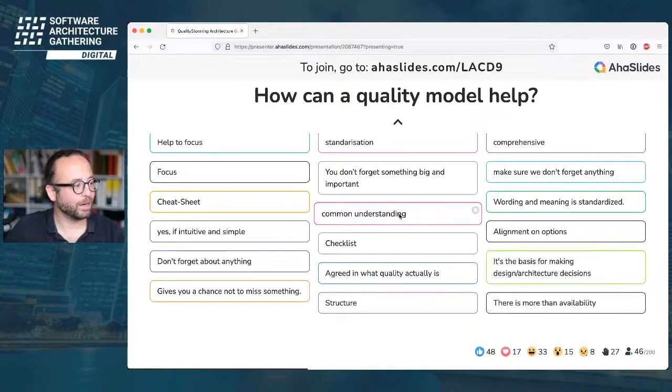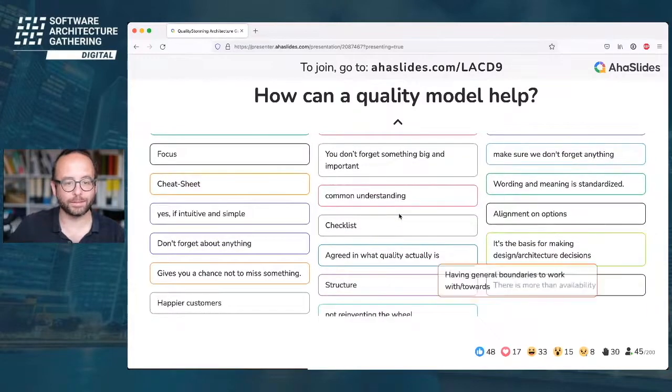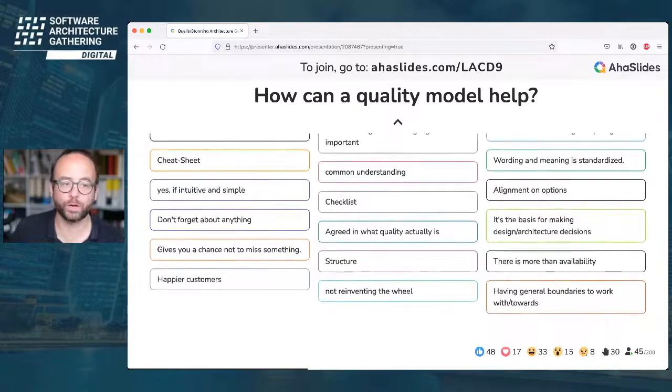I think for most people there's more than availability. That's true, so that you don't forget that. You don't reinvent the wheel, and it helps you to ask the right questions. There are many template-based ideas around on the market.